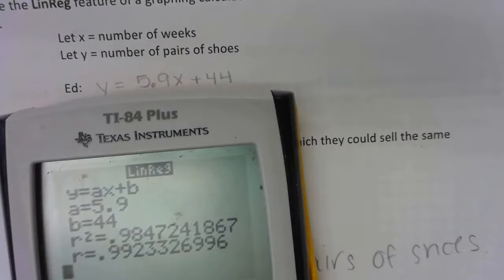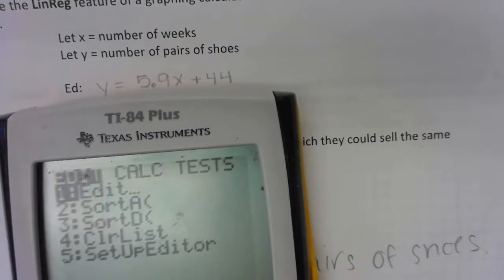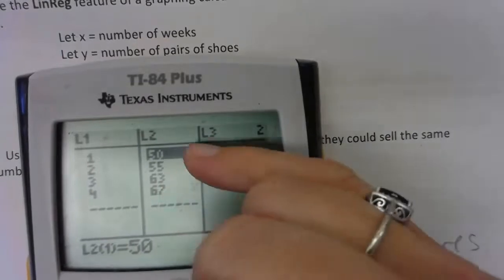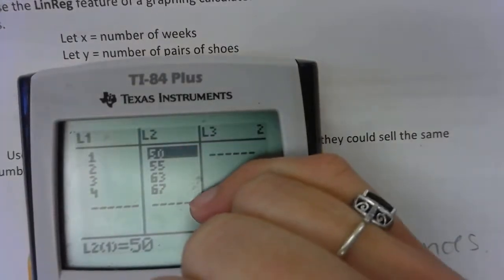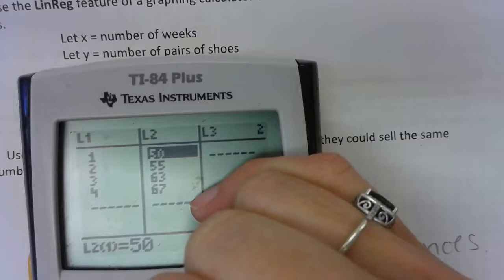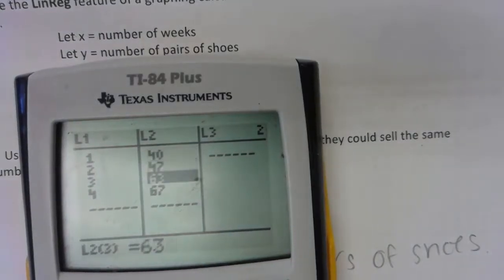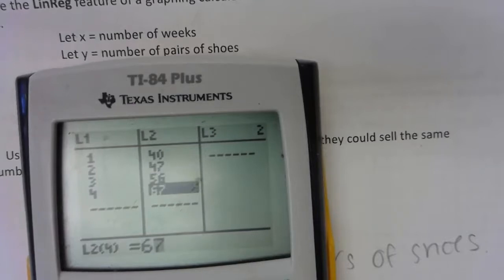We're going to do it again, but this time for Joe. So hit Stat, go back to Edit. In L2, you're going to enter Joe's data. So 40, 47, 56, 62.